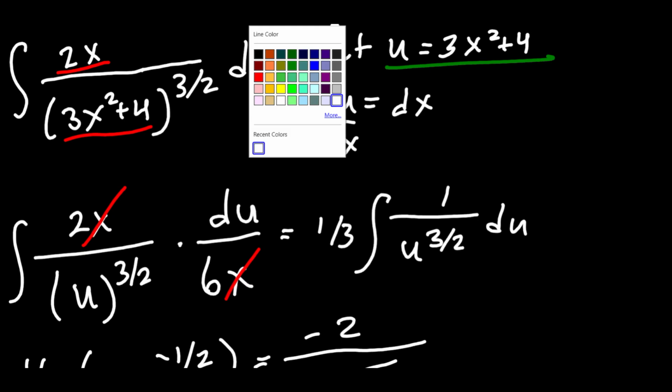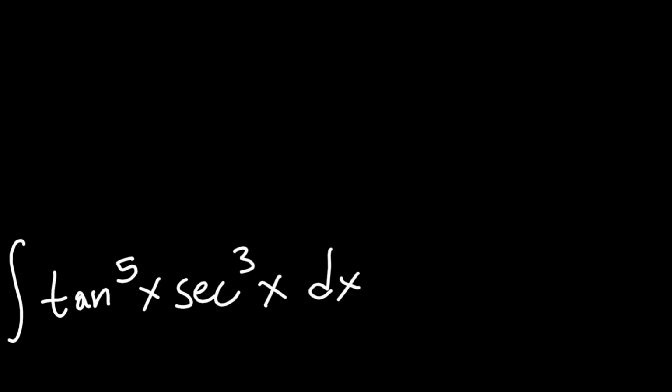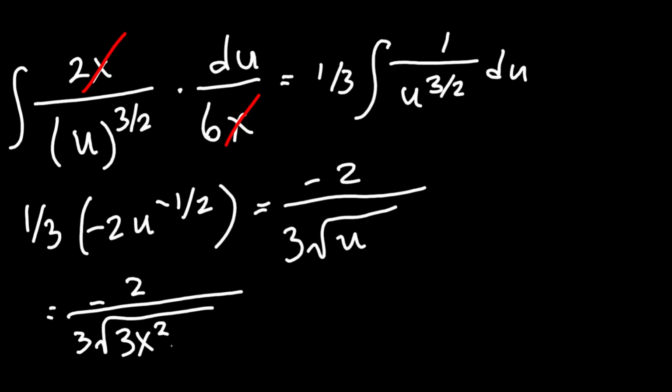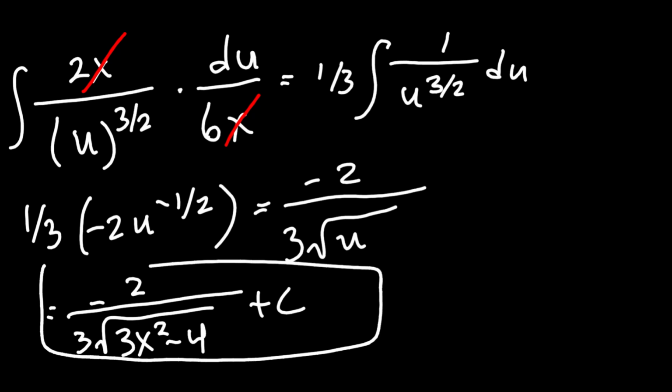So now all you need to do is literally swap out that u. This is going to be equal to -2 over 3 square root of, instead of u, 3x squared plus 4. And you can't forget to add plus c, and that's your final answer for this problem.